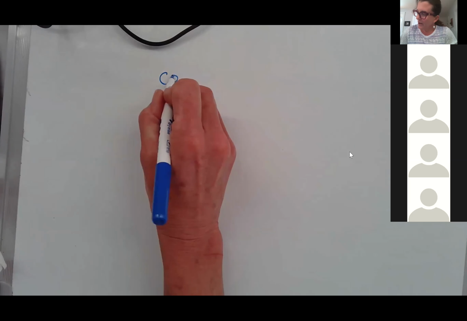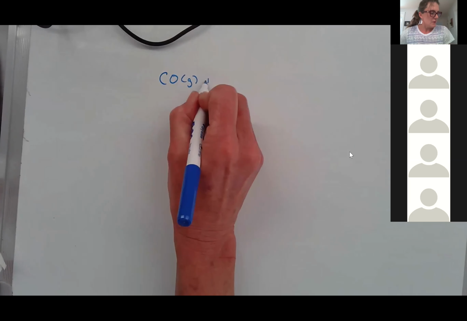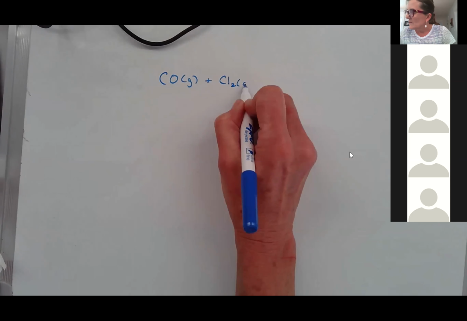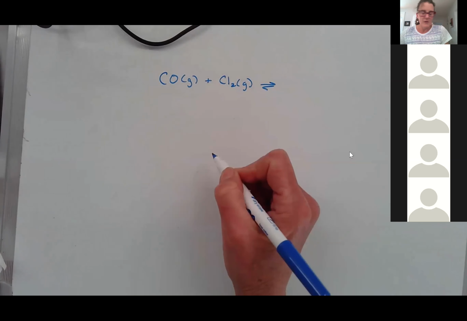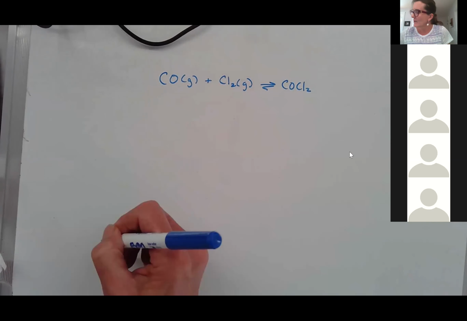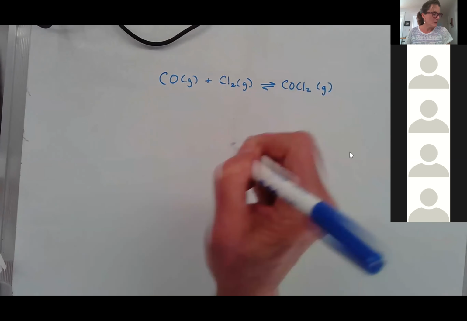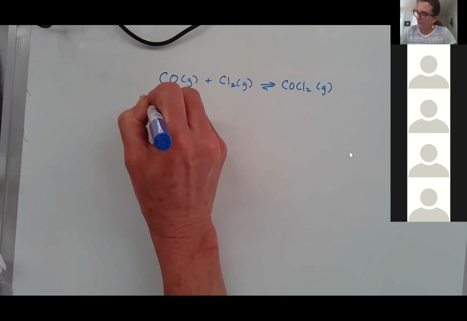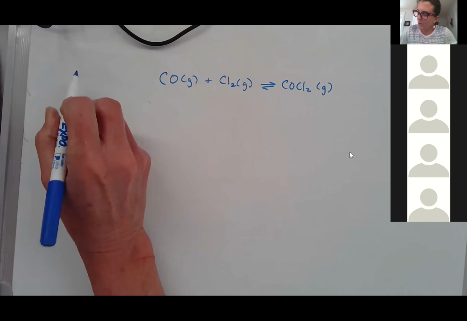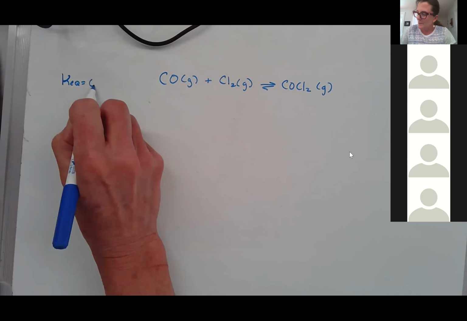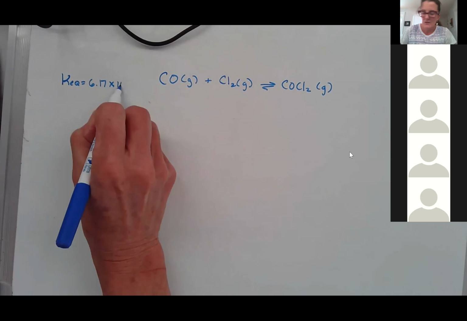So this is carbon monoxide gas plus Cl2 gas in equilibrium with COCl2 gas. You are given that the equilibrium constant is 6.17 times 10 to the minus 2.